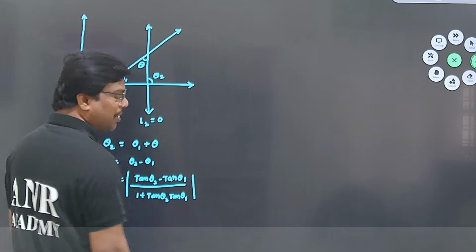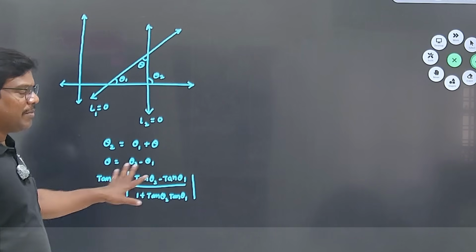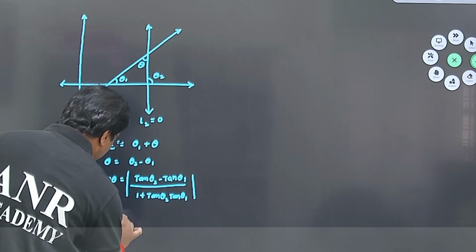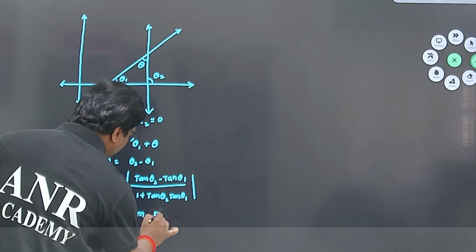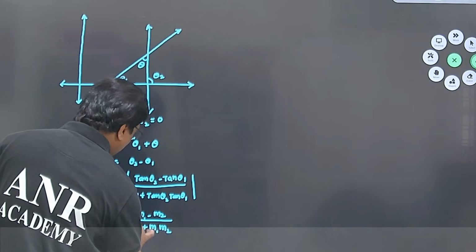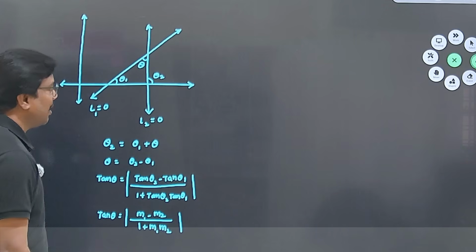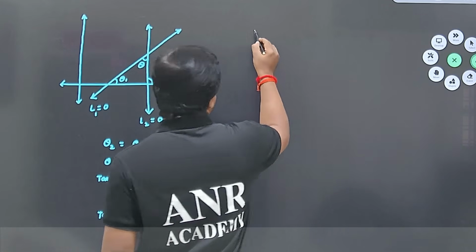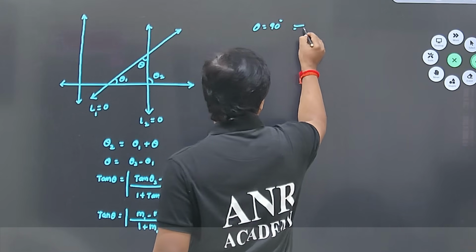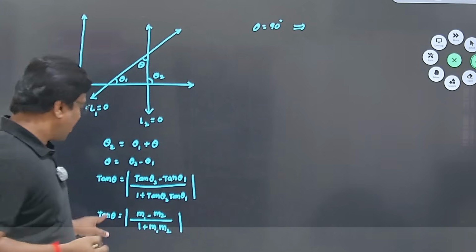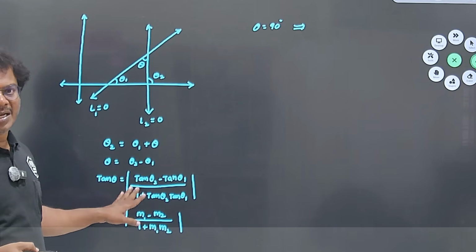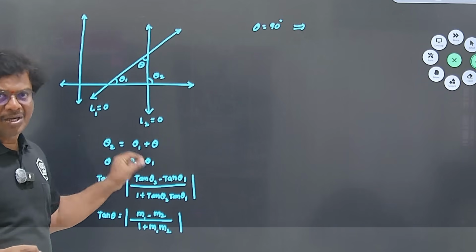Since theta is acute, you need to write the modulus sign, and you know that for the angle between lines, tan theta you can write as m1 minus m2 by 1 plus m1 m2. It is the acute angle between the lines. When the lines are perpendicular, that is theta is 90 degrees, tangent of 90 degrees is not defined.